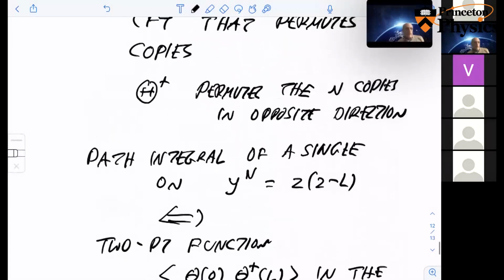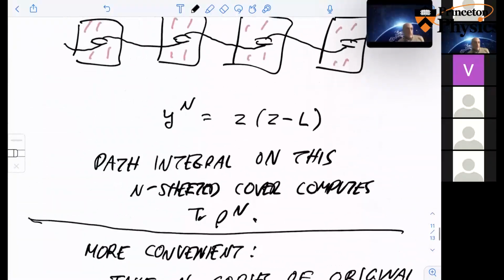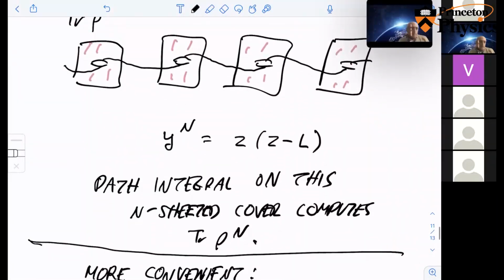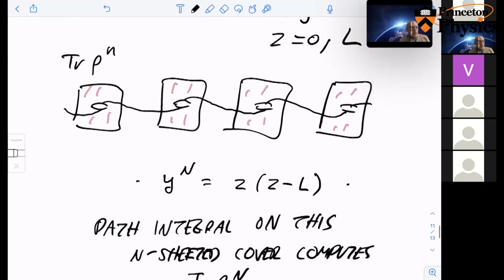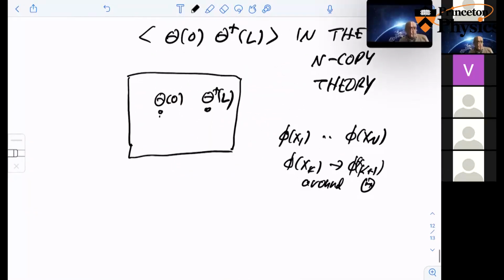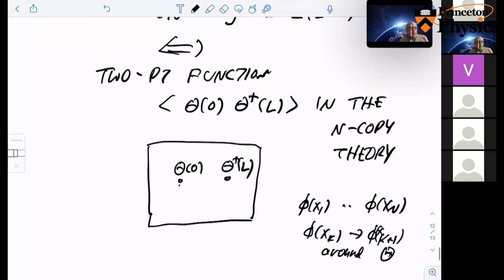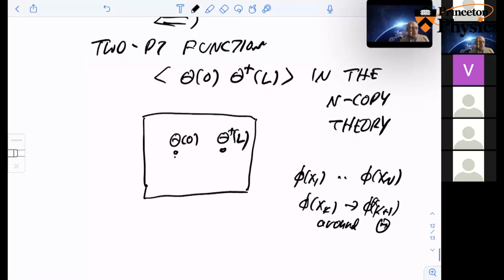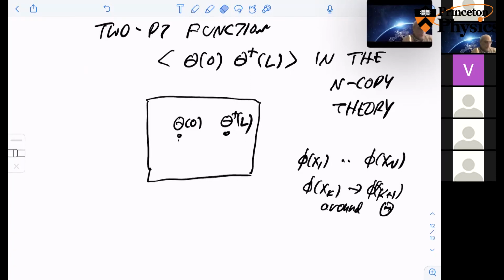And that's exactly what happens geometrically when we had the n-sheeted spacetime with the n sheets that are cyclically permuted. That simply produces the cyclic permutation that's needed to compute trace of rho to the n. So our problem is reduced to a 2-point function in a CFT.